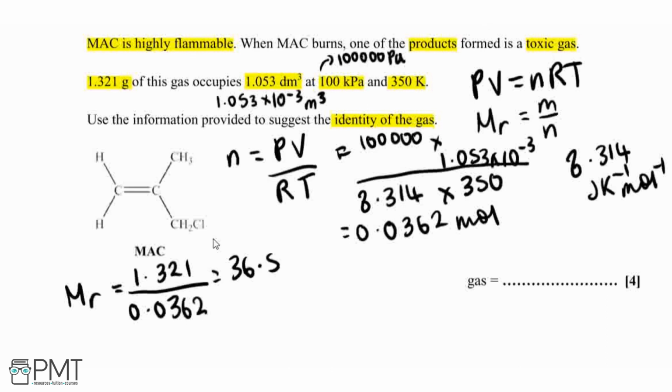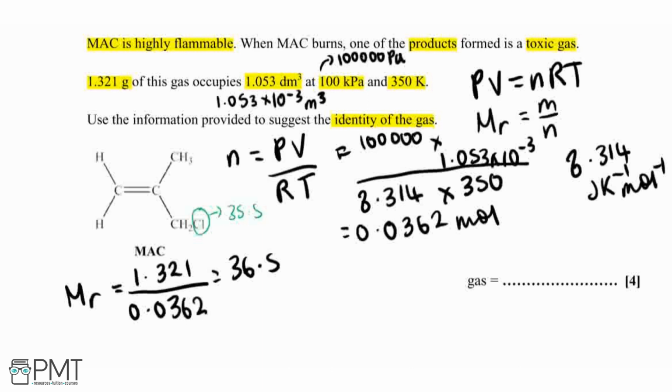Now, to try and identify this gas here, we know that when we burn hydrocarbons, we normally produce carbon dioxide and water, and if it's incomplete combustion, we also could produce some carbon monoxide and some carbon particulates. But our compound MAC has got this chlorine atom in it, and chlorine has got an atomic mass of 35.5.